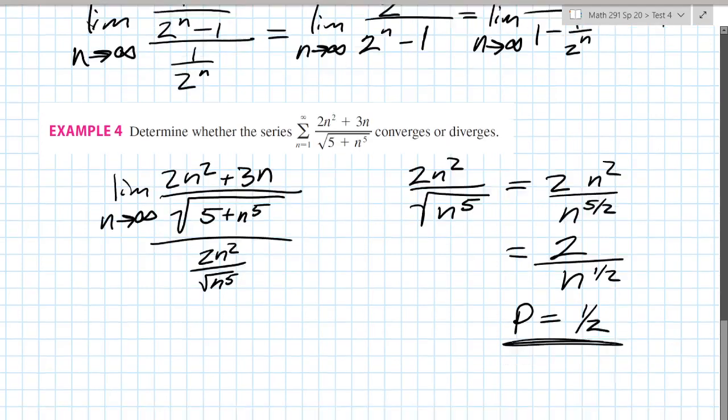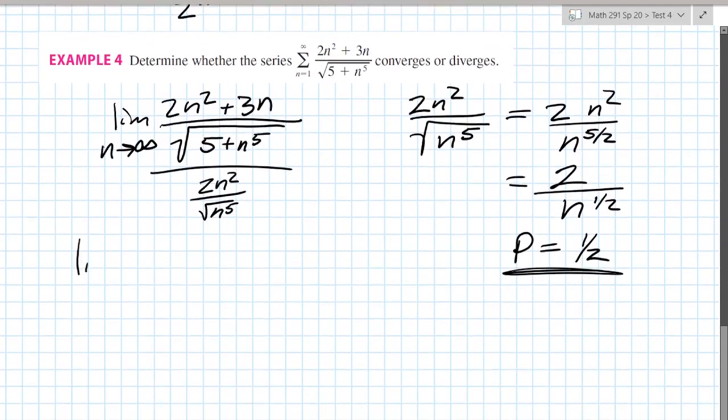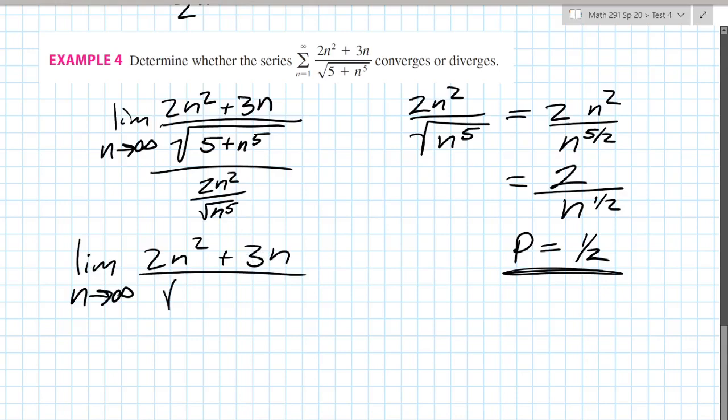Taking the reciprocal and multiplying gives us 2n squared plus 3n over square root 5 plus n to the fifth times square root n to the fifth over 2n squared.